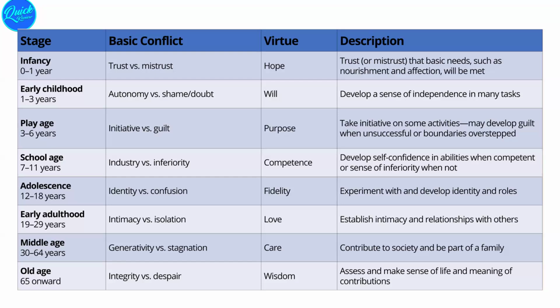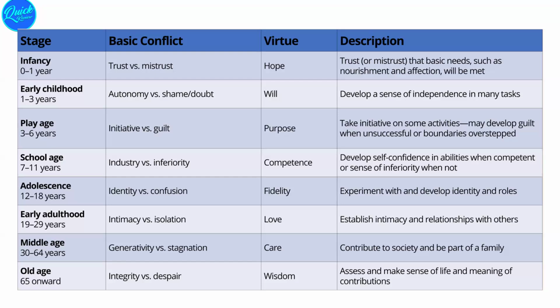Then we have at the end old age from 65 to death. And the basic conflict here is integrity versus despair, and the virtue is wisdom. Integrity will be here when an individual is retired, okay, he's enjoying his retired phase, and he's very happy with everything that he has done. And whenever he recalls everything, the wisdom that he has experienced, he feels like, I have lived a good life, I have done everything that I could do.